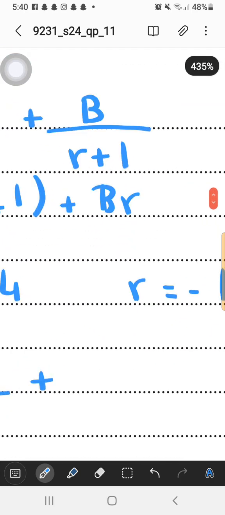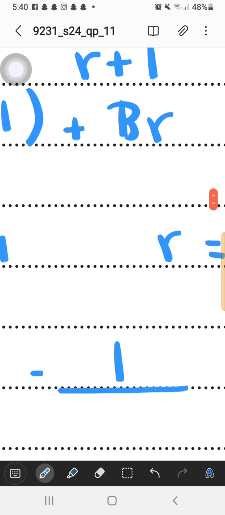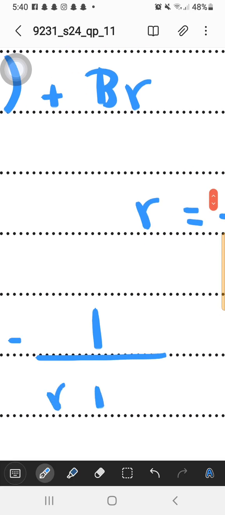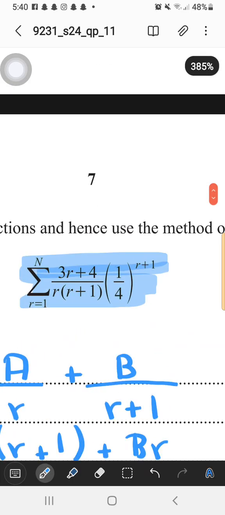Here a is 4, so it becomes 4 upon r, and b is minus 1, so the plus will get removed and it will be negative 1 upon r plus 1. Okay, but the question is asking for multiplying with this 1 upon 4 with the power r plus 1.